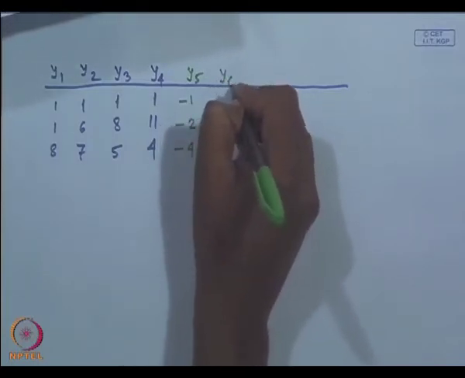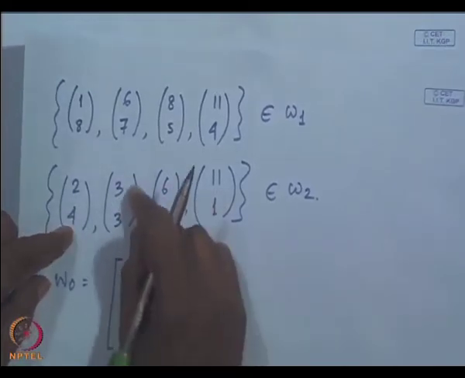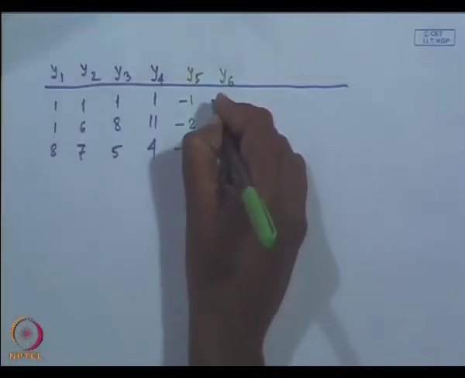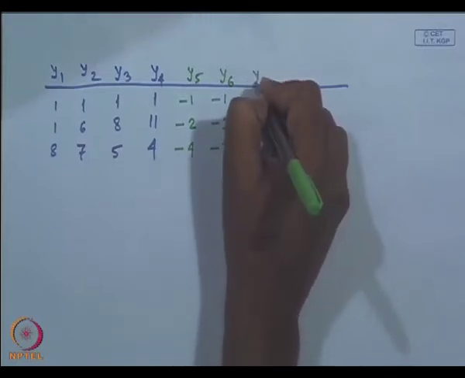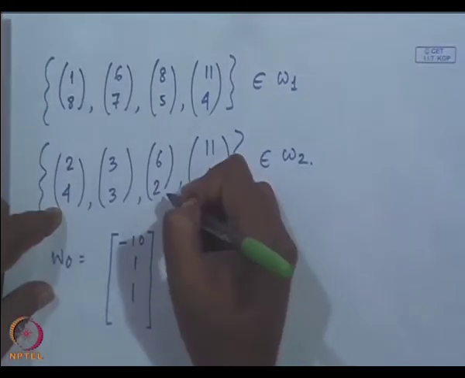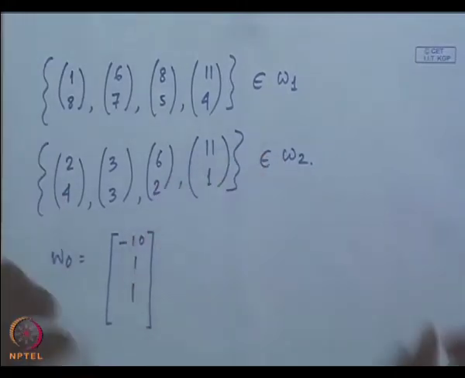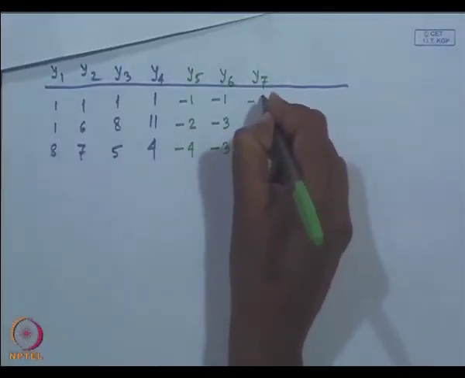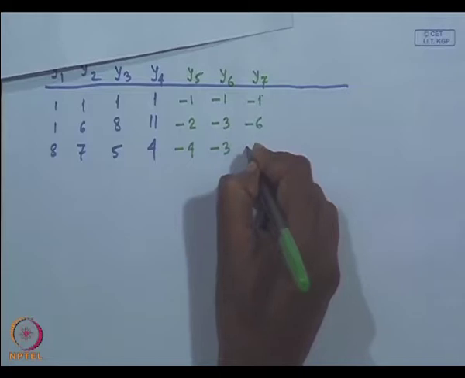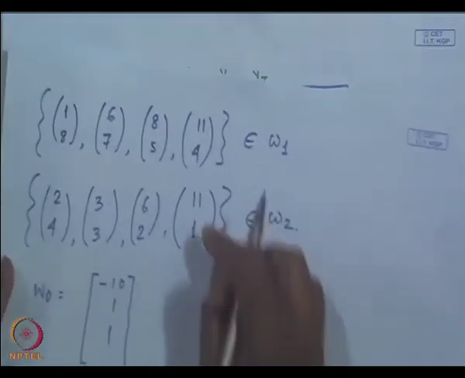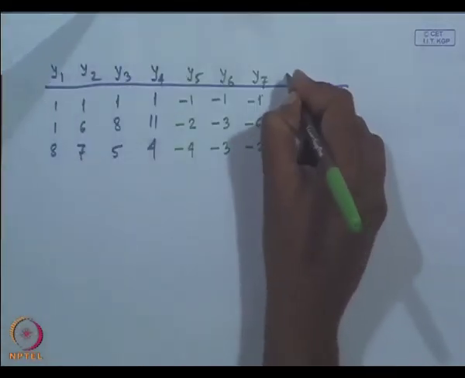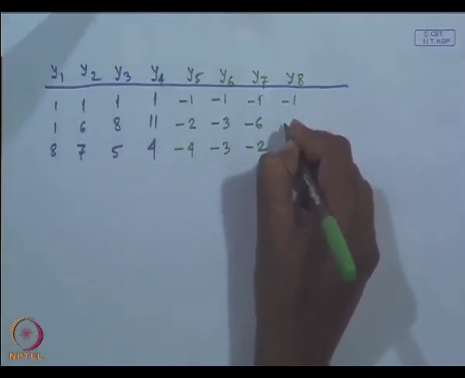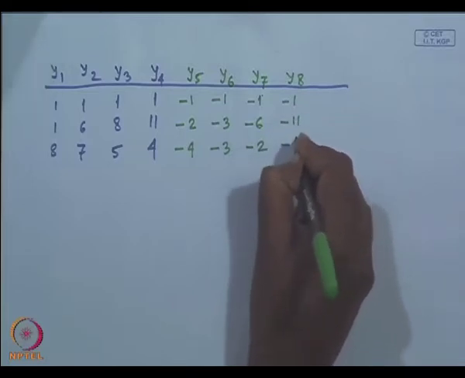In the same manner, y 6, x 6 is 3 3. So, y 6 will be minus 1 minus 3 minus 3, y 7 which is 6 2. So, y 7 will be minus 1 minus 6 minus 2, y 8, x 8 was 11 1. So, y 8 will be minus 1 minus 11 minus 1.